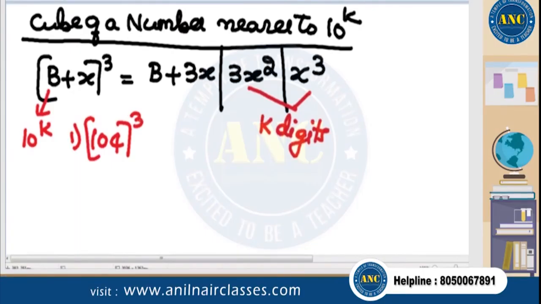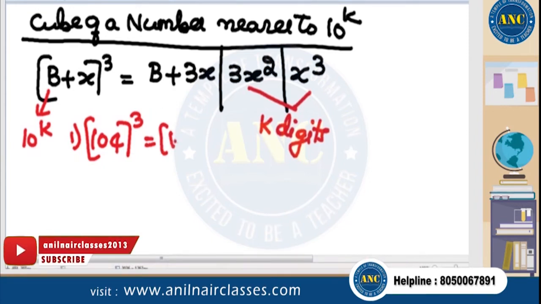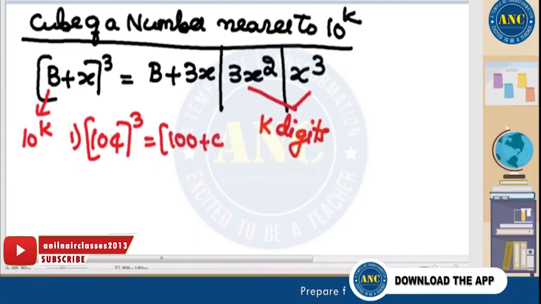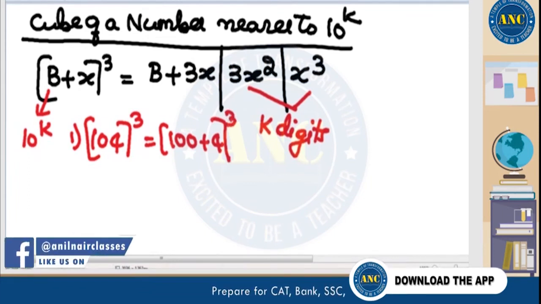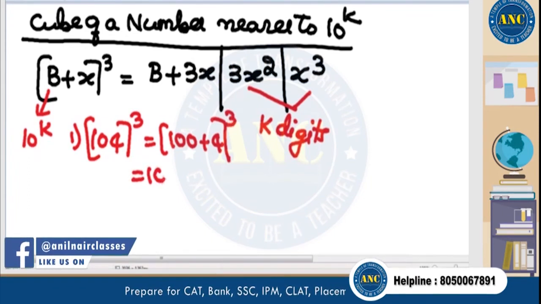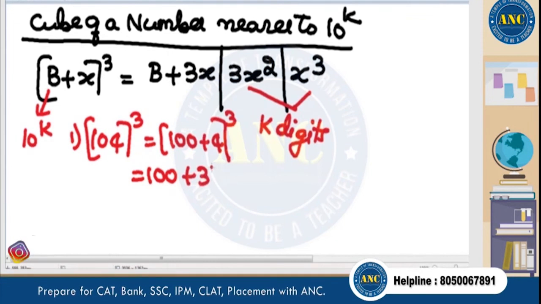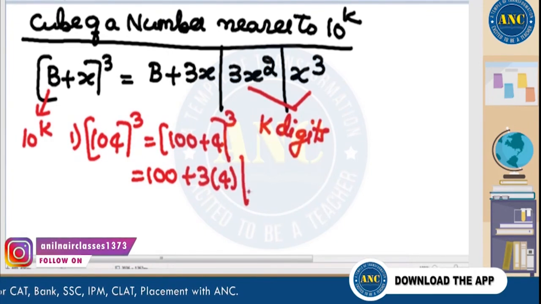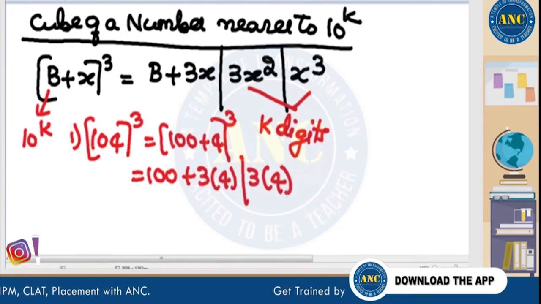104 whole cube. This is nothing but 100 plus 4 power 3. b plus x power 3. This is b plus 3x. Next is 3x square.